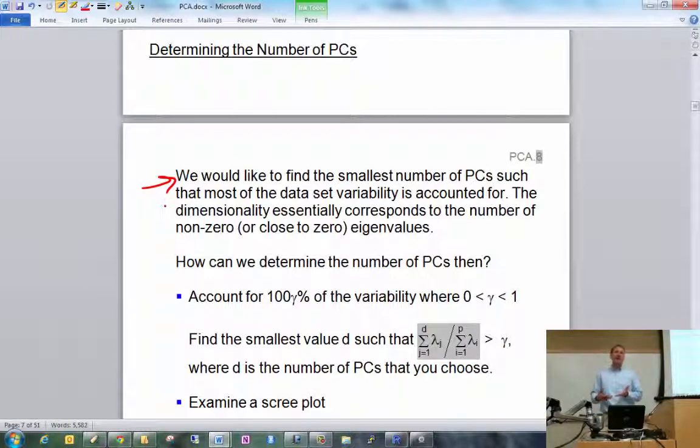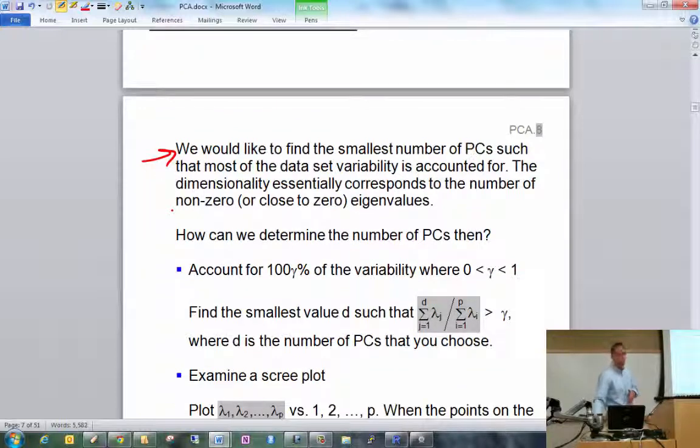I cannot tell you necessarily one overall percentage to always use. I know I used 80% as an example, but of course 90% would be better. 70% would be a little bit worse. I cannot necessarily tell you to always shoot for 80% or always shoot for 85%. It's dependent upon the situation. And even if you do have a lower percentage, it still can be useful to use principal component analysis.